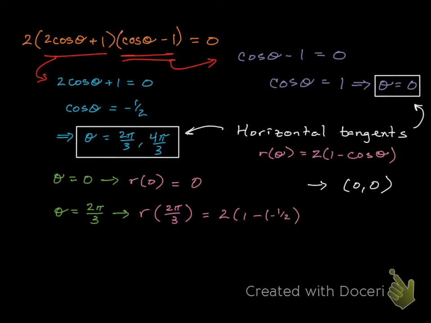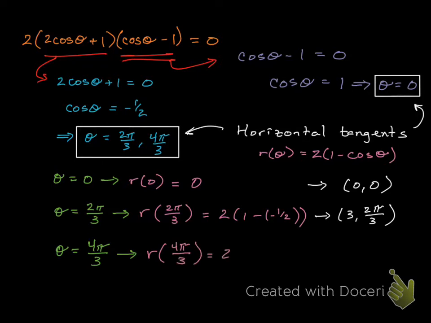So 1 minus a minus half is 3 halves, times 2 is 3 for the radial distance, and the angle there is 2 pi over 3. And I see a very similar thing again here, because cosine of 4 pi over 3 is also minus a half. So I see 1 plus a half, 3 halves, again giving me a 3 for my r value. Those 3 points are where I will have horizontal tangent lines.